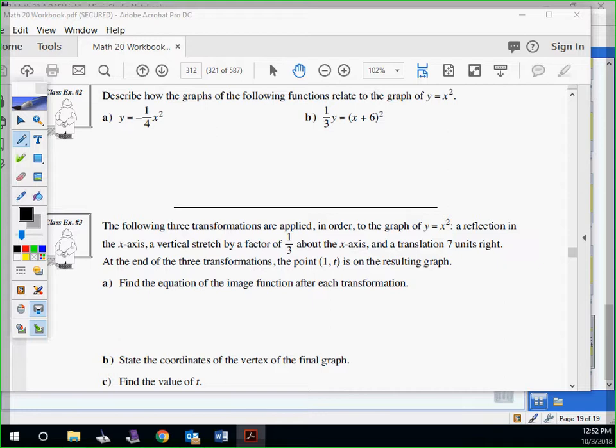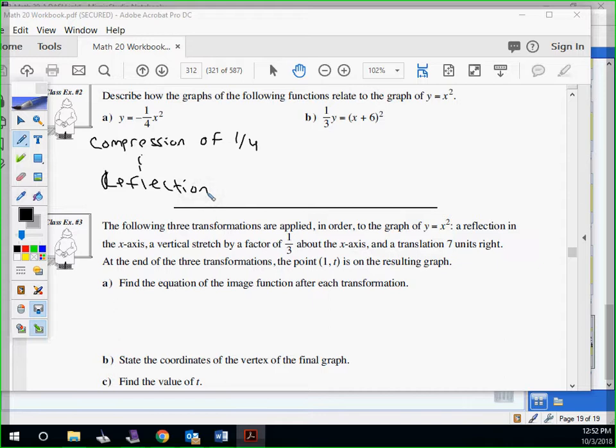No. Is there any up or down movement? Nope. It just has a vertical stretch or compression. Compression of 1/4 and a reflection. Because of the negative. The negative makes it reflect.